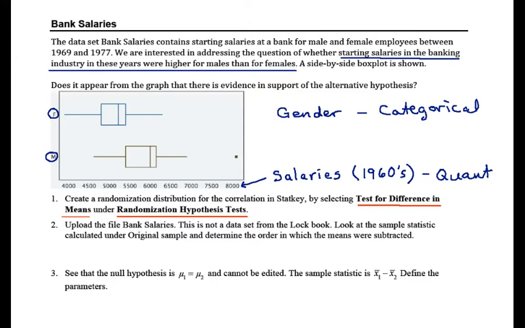I think the side-by-side box plots are a little bit easier to read, even though they contain slightly less information. We can see here that it does look like the center 50% of salaries for males was entirely above, or almost entirely above, the center 50% of salaries for females. So it does look like the data support the suggestion that salaries were higher for males than for females.